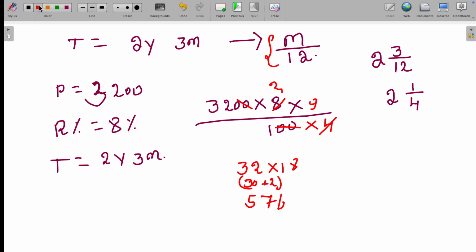Division only you have to do. Clear? Write this down.